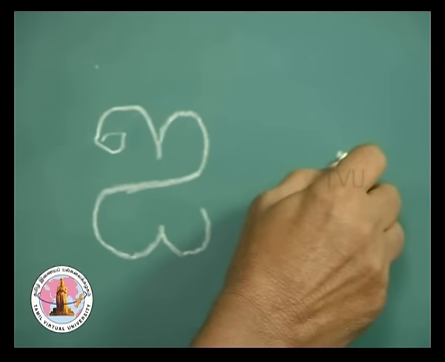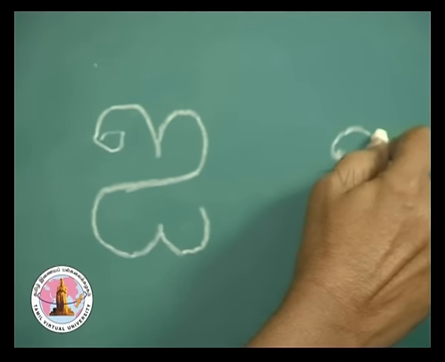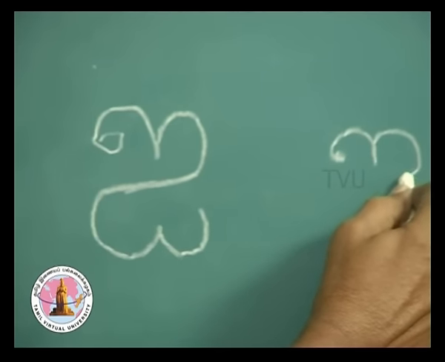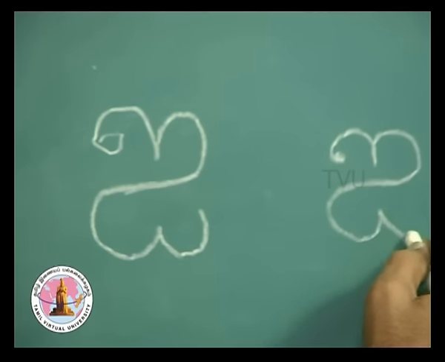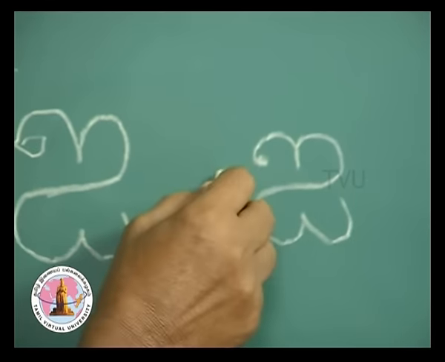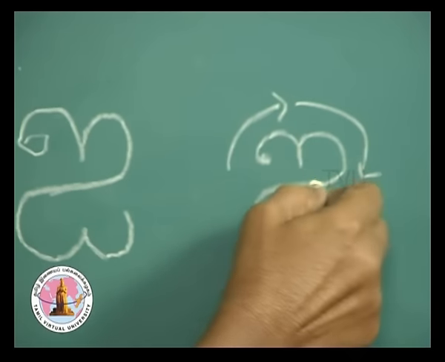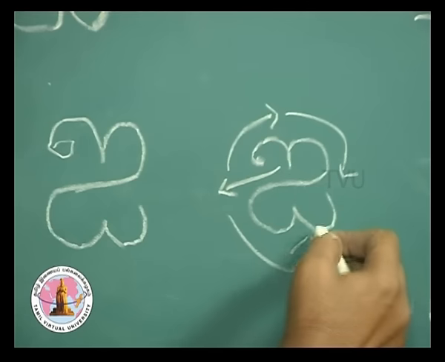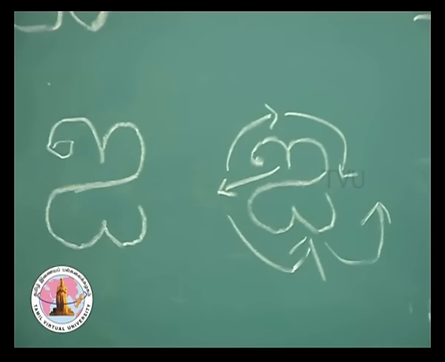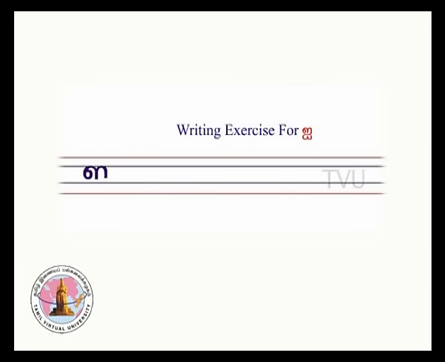It starts with a small circle, goes up, comes down, again go up, come down, extend, take a curve and another curve and end it. This is I. Now you have to practice it.